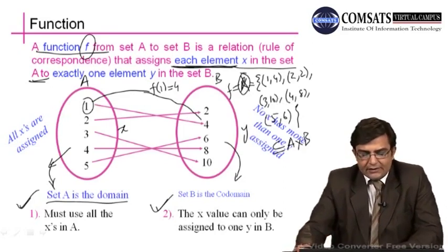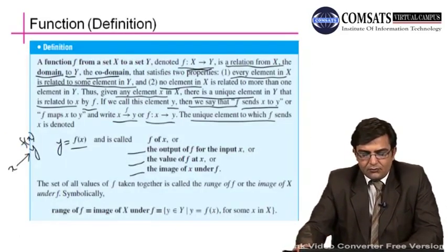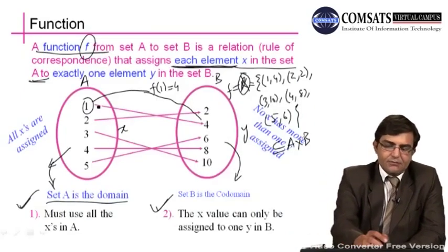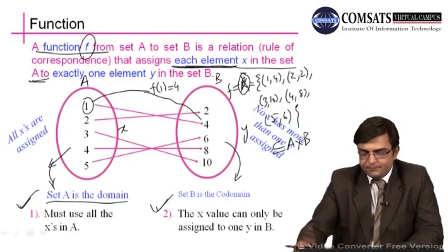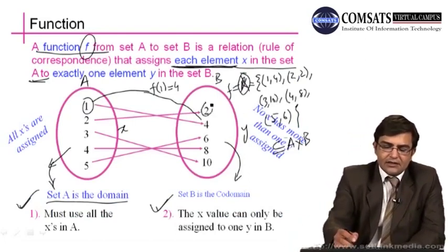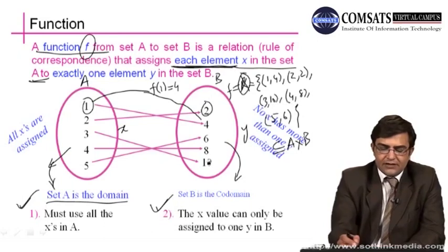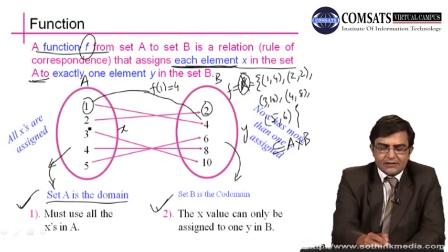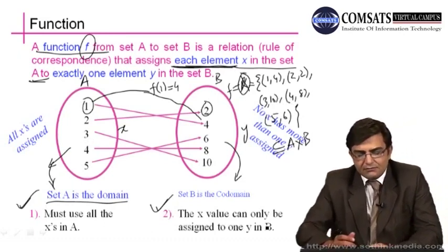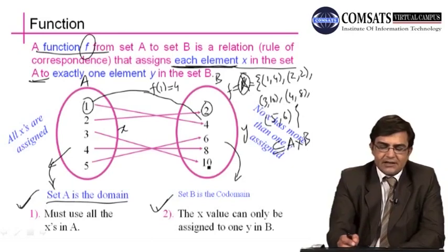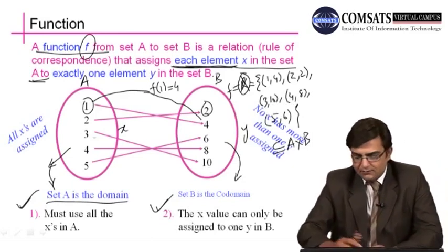We also say that 4 is the image of 1. Here 2 is the image of 2, 10 is the image of 3, and these elements we call pre-images. So 3 is the pre-image of 10, and 10 is the image of 3.